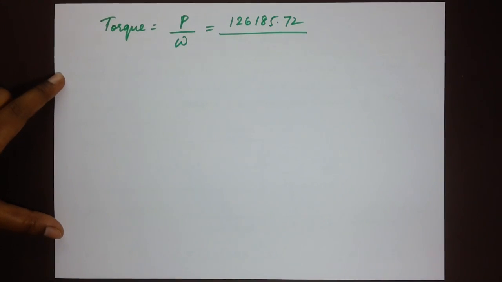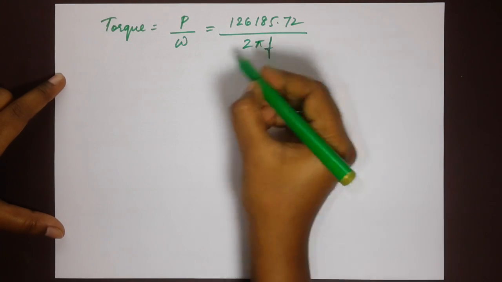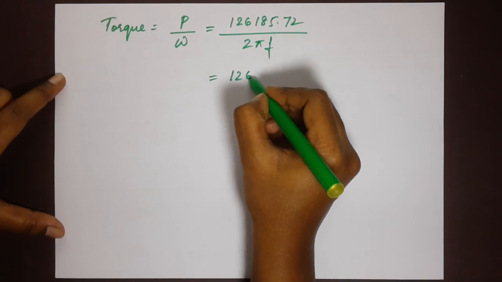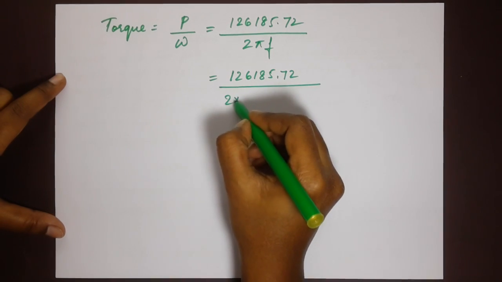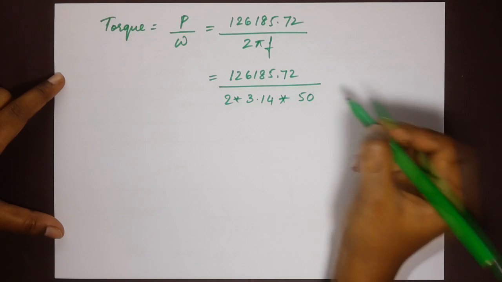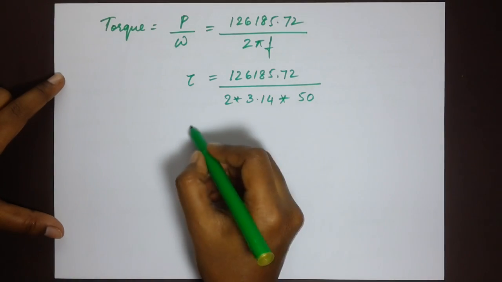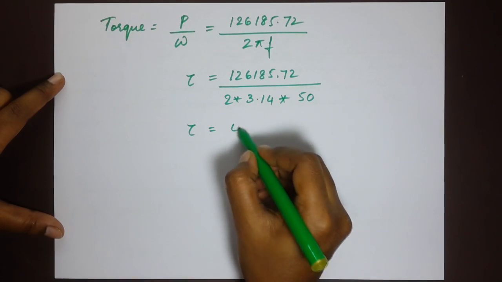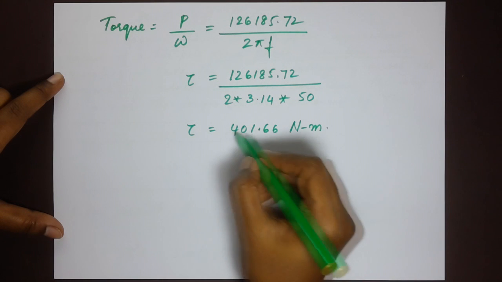You know very well that omega is 2 pi f. So let's substitute the values. 126185.72 divided by 2 into 3.14 into frequency 50. Once you solve this, you should get a value of 401.66 Newton meter.